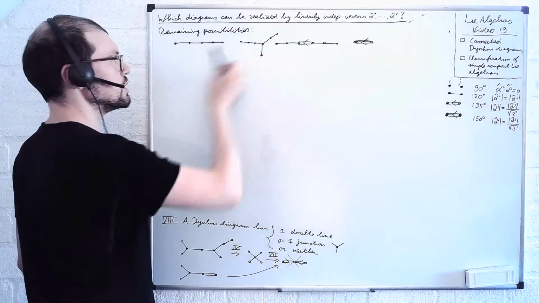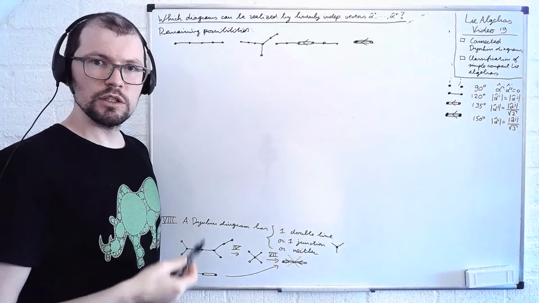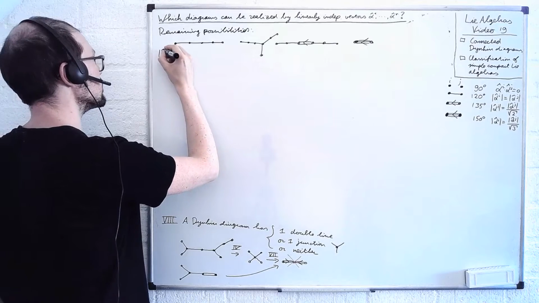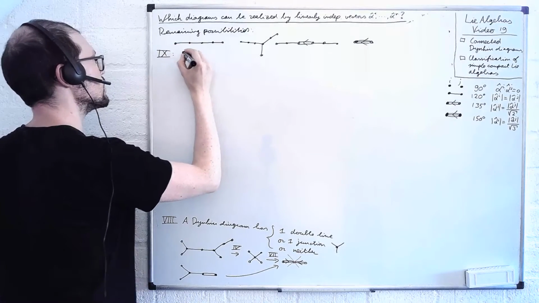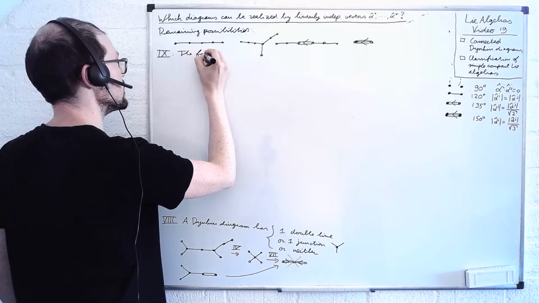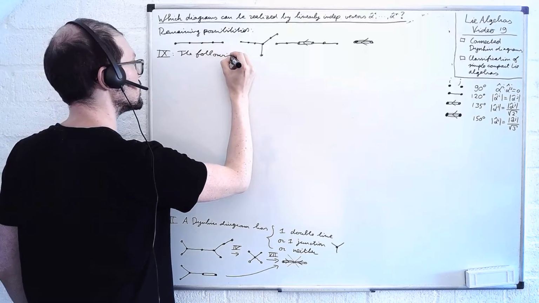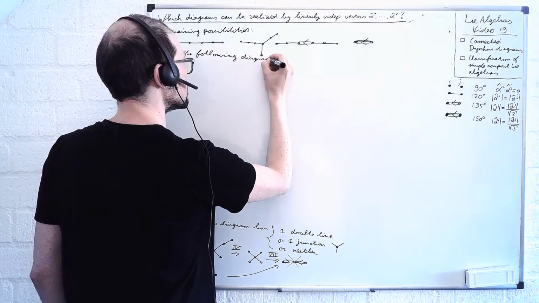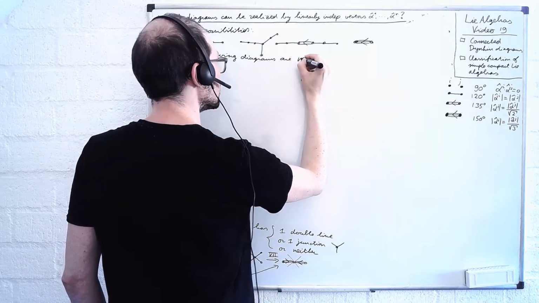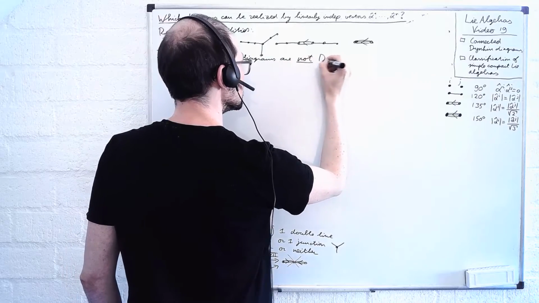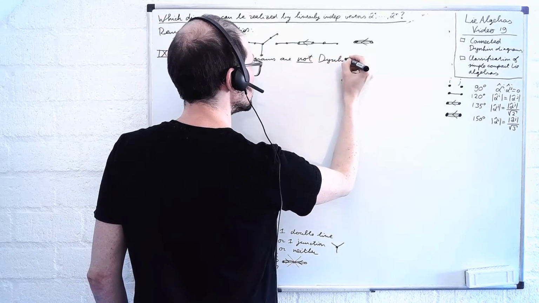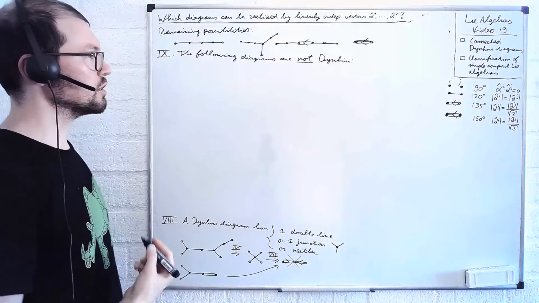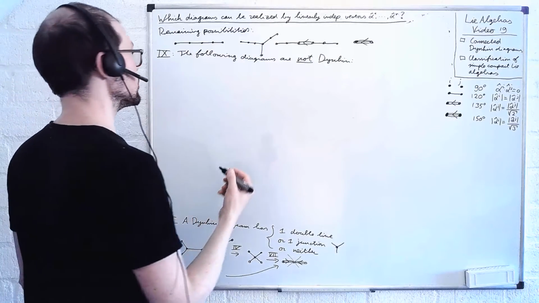But even within these classes of graphs, some are not allowed. So here are some exceptions. This is the last lemma. It says that the following diagrams are not Dynkin, meaning that one cannot find linearly independent vectors that satisfy the appropriate inner products.